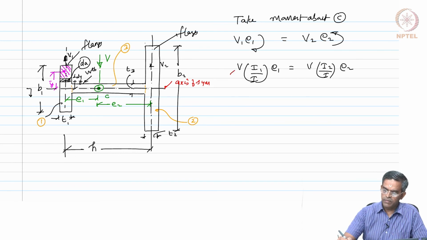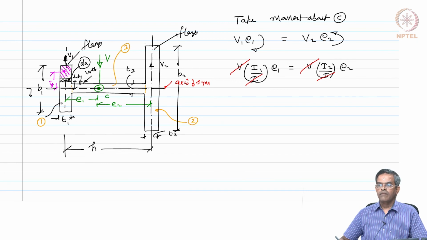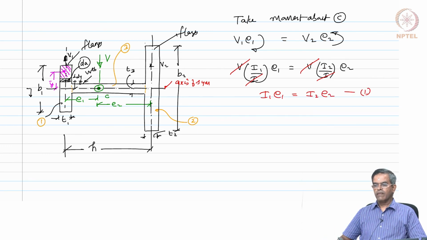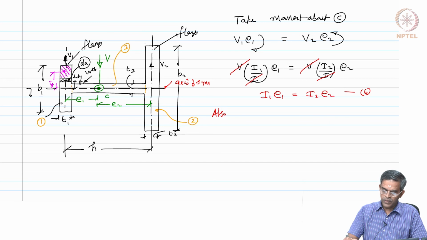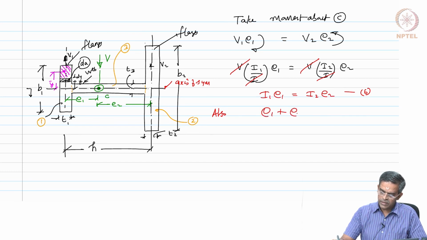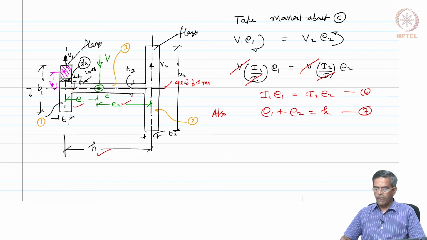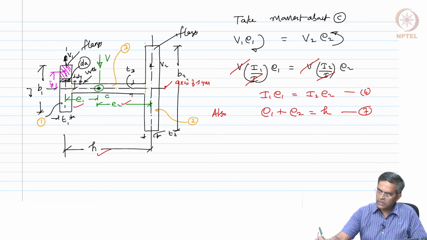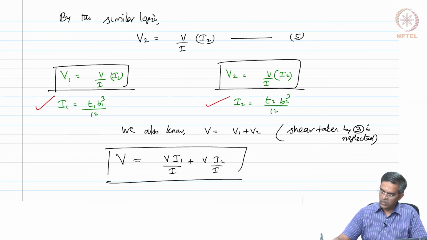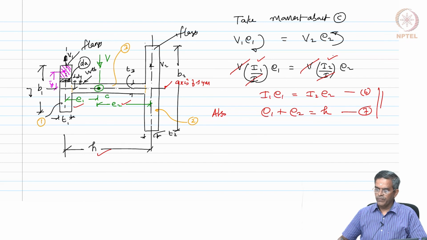So, from this relationship, we get I1 into E1 is I2 into E2. We get one relationship from here. We will call this equation number 6. Also, we know that from the geometry, E1 plus E2 is H, is it not? See here. Solving equations 6 and 7, because we know I1 and I2, we already have them here. So, there are two unknowns, E1 and E2. I have two equations.